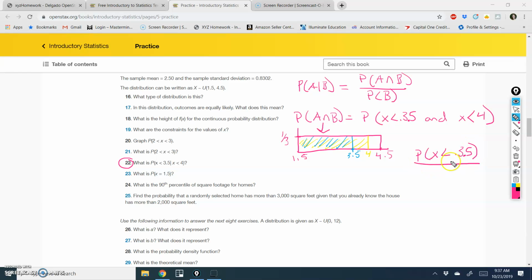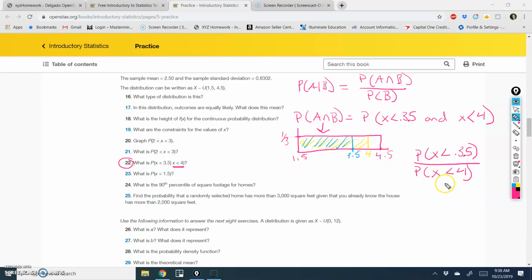Our denominator, P of B, well, what is B here? B is always the second thing. So B is x is less than 4. So the probability of B is the probability of x is less than 4, or the probability of our yellow block. This is what we need to figure out here.